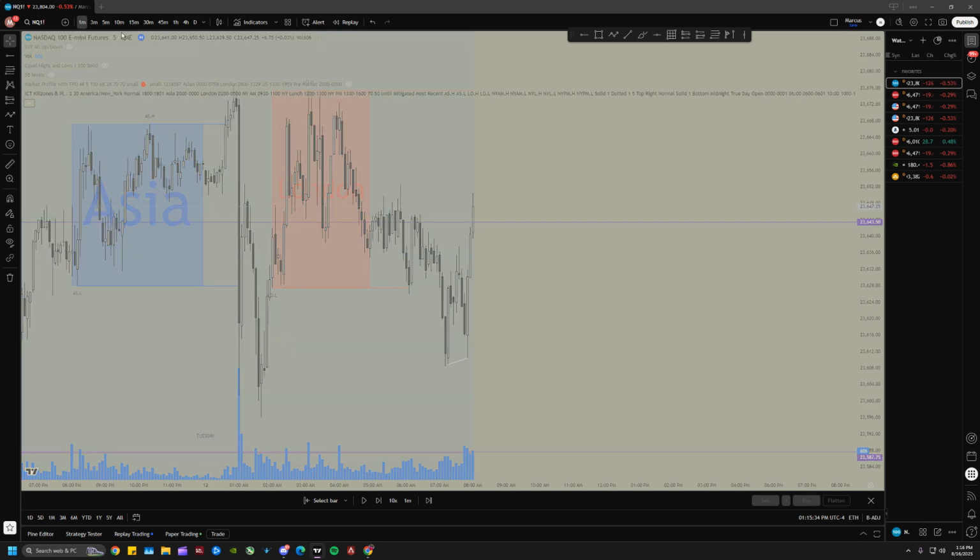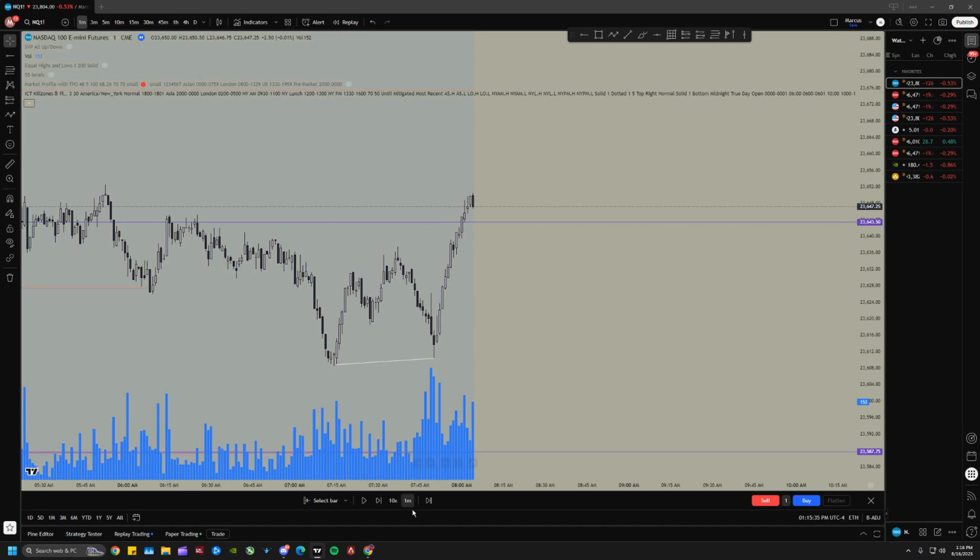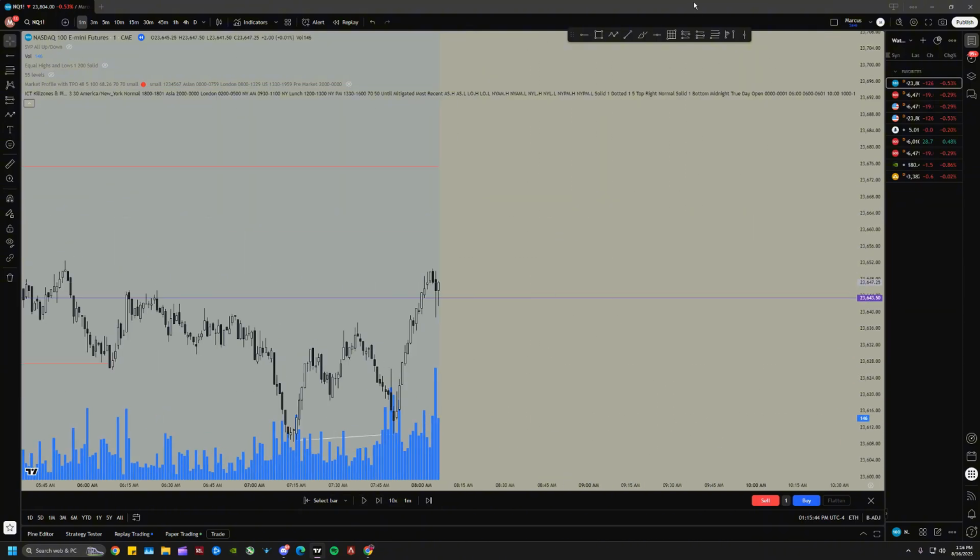But on a 1 minute time frame, we had a pullback, right? We had a pullback there. So obviously, you could take an entry off of that. Let's say you did take an entry, you have a 50 tick stop. So your entry does not have to be perfect. It can be off of a pullback like this, and this is what I usually do.